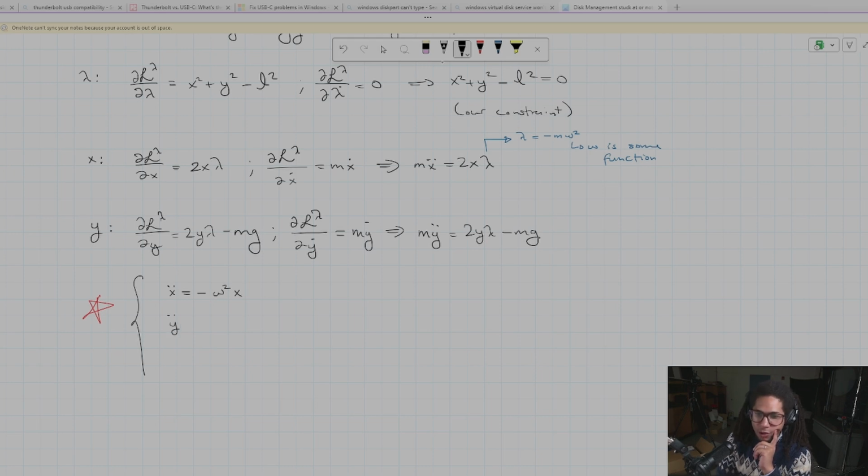For y, we'll get y double dot is equal to minus, oh, and sorry, I should have had minus m omega squared over 2. Good. Okay. Anyway, for y, we'll get y double dot is equal to minus omega squared y, and then minus g. Good. And then finally, we'll get x squared plus y squared is equal to L squared. Great.